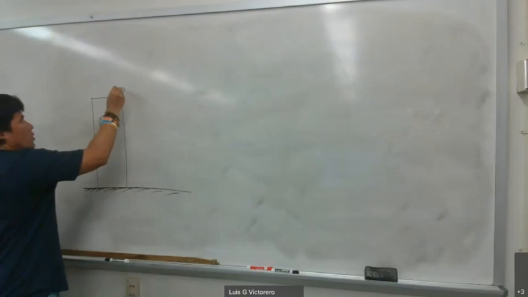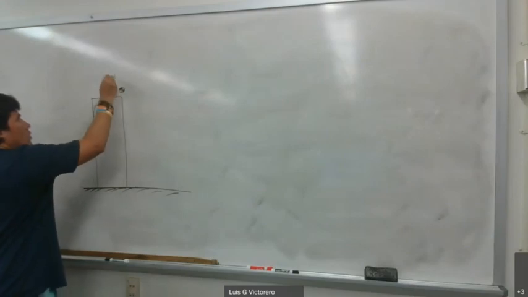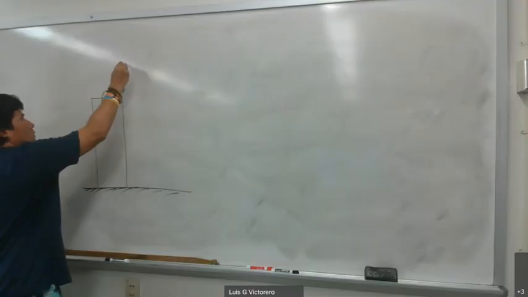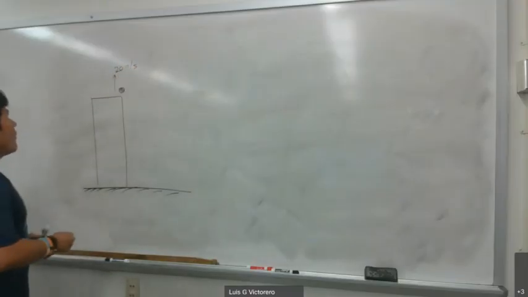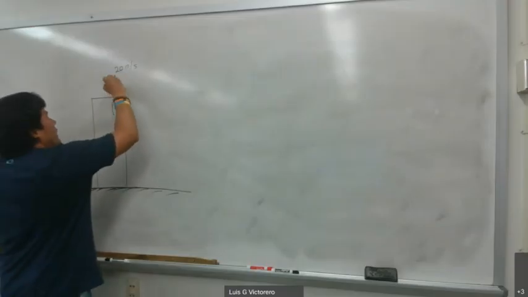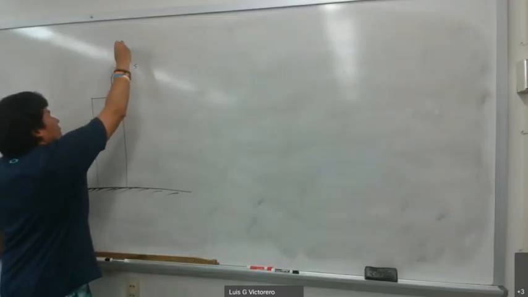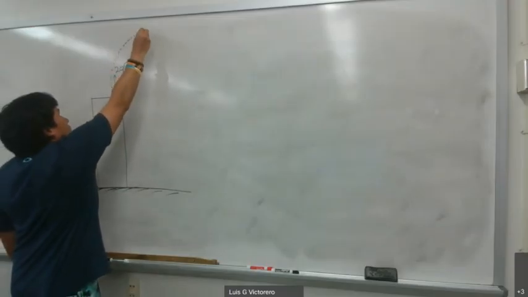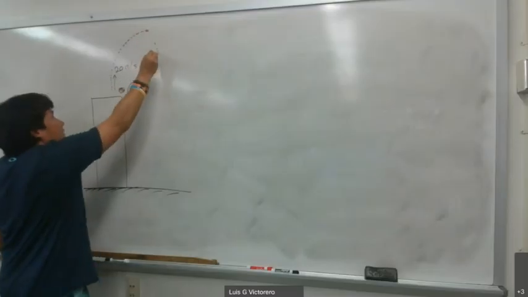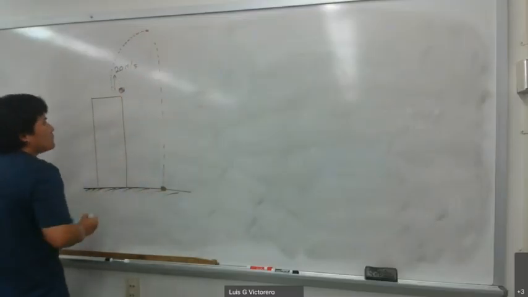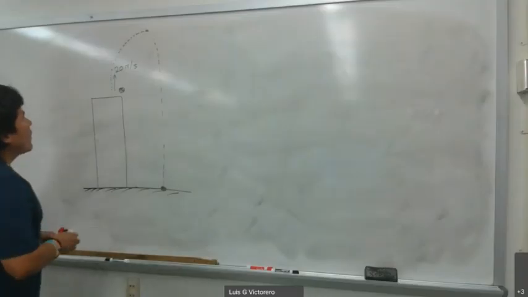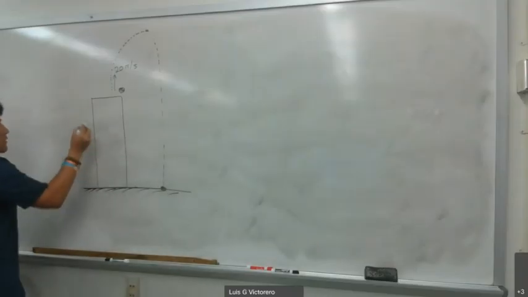And then he throws a ball with 20 meters per second. And then the ball goes up, it reaches a maximum height. And lands here. And this is 50 meters.